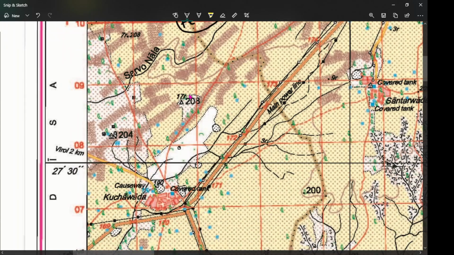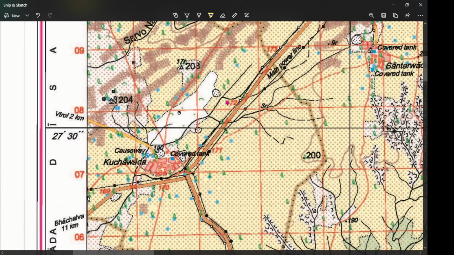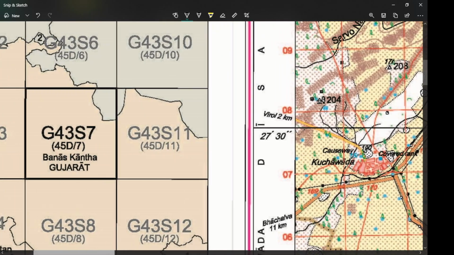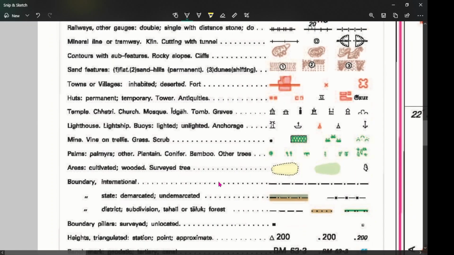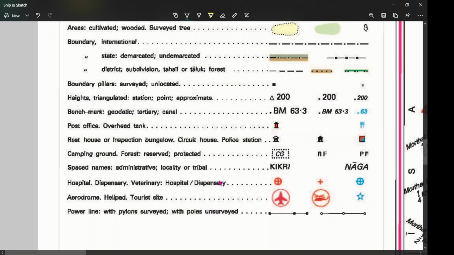Besides that, we have identified some spot heights. Let's go back here. Camping ground, forest, reserves, protected reserve forest and protected forest. So camping ground, this particular feature is camping ground.